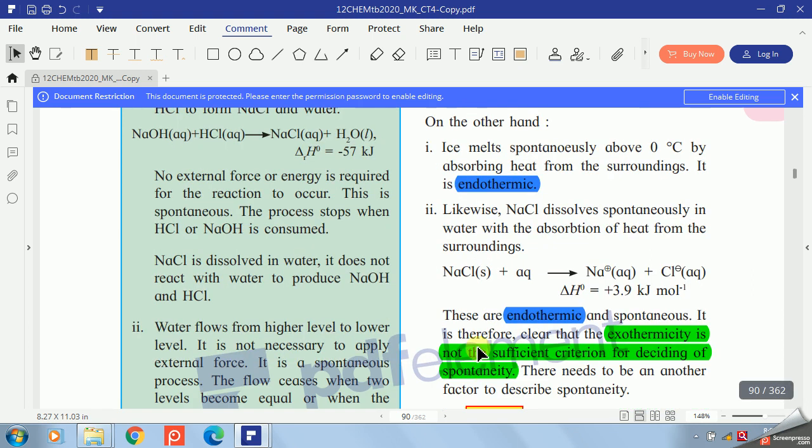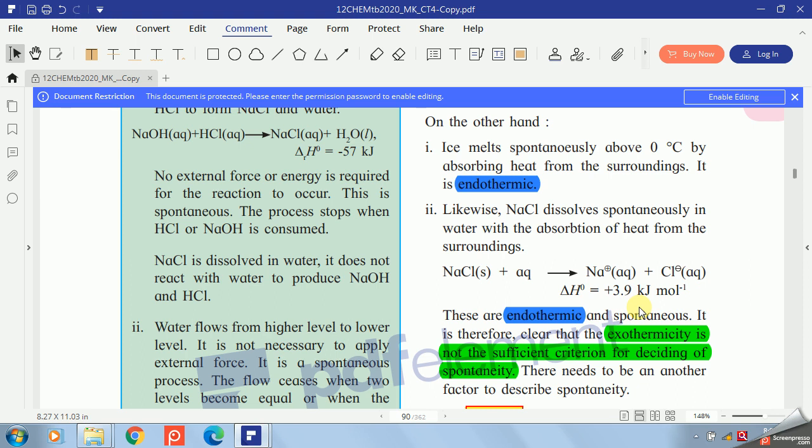Now one more change. If we add NaCl solid in water, it will produce Na plus aqueous ion and Cl minus aqueous ion. Then how much heat will be absorbed? It is 3.9 kilojoule per mole. So this indicates that heat is absorbed, and again the reaction is spontaneous.